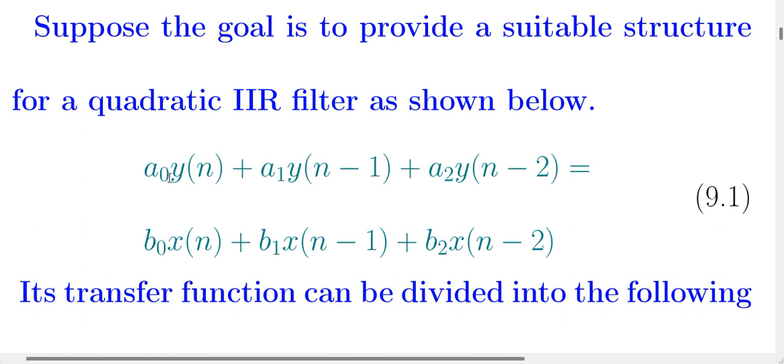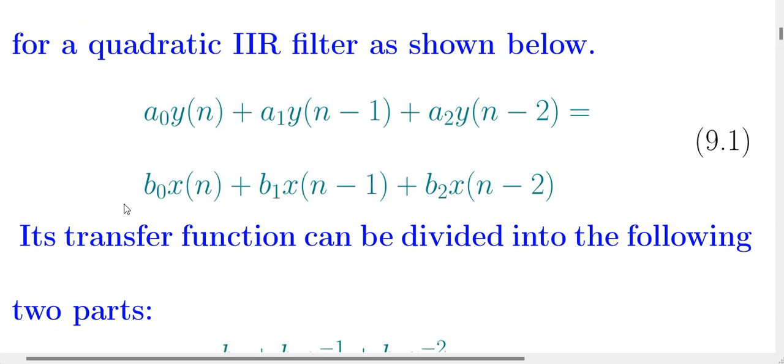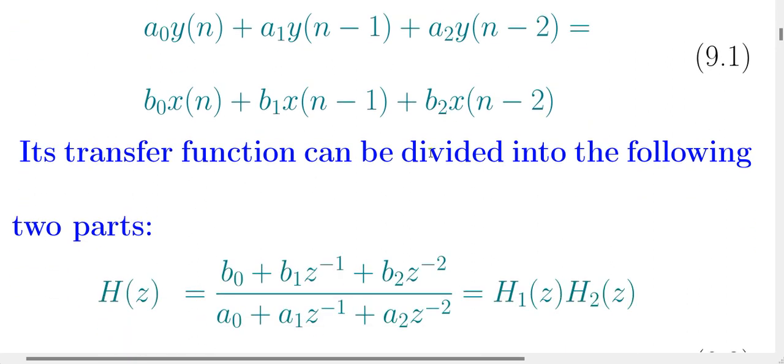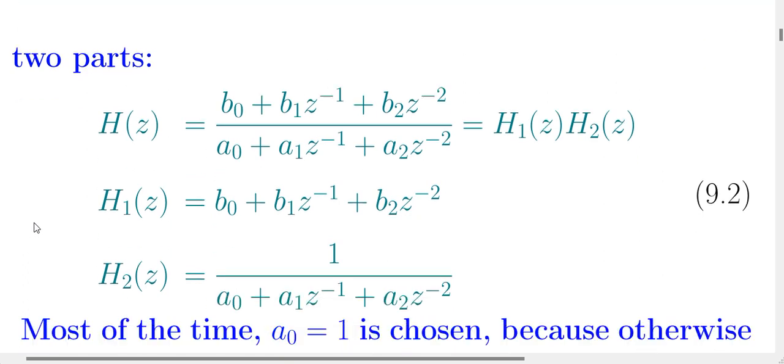Anyhow, A0 y of n plus A1 y of n minus 1 plus A2 y of n minus 2 is equal to B0 x of n plus B1 x of n minus 1 plus B2 x of n minus 2. Okay? Its transfer function can be divided into the following two parts.